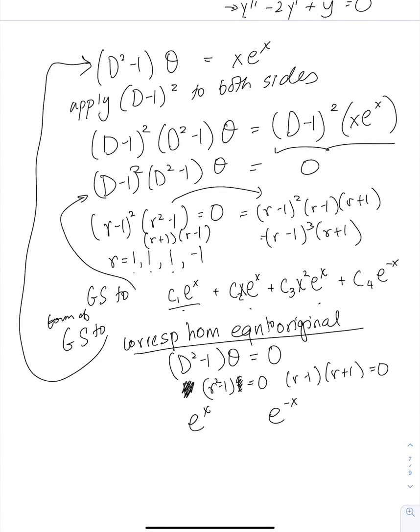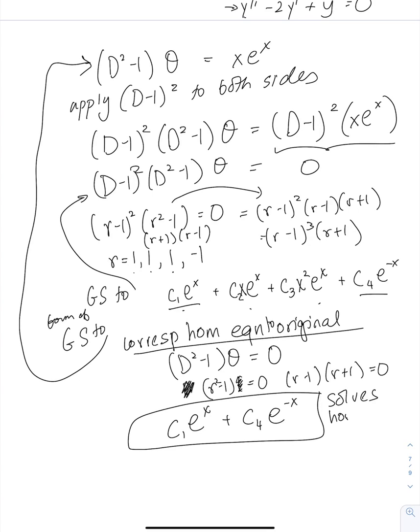And because of the letters I have up here, I'm going to say C1 e to the x plus C4 e to the minus x solves the homogeneous equation corresponding to the original inhomogeneous equation.